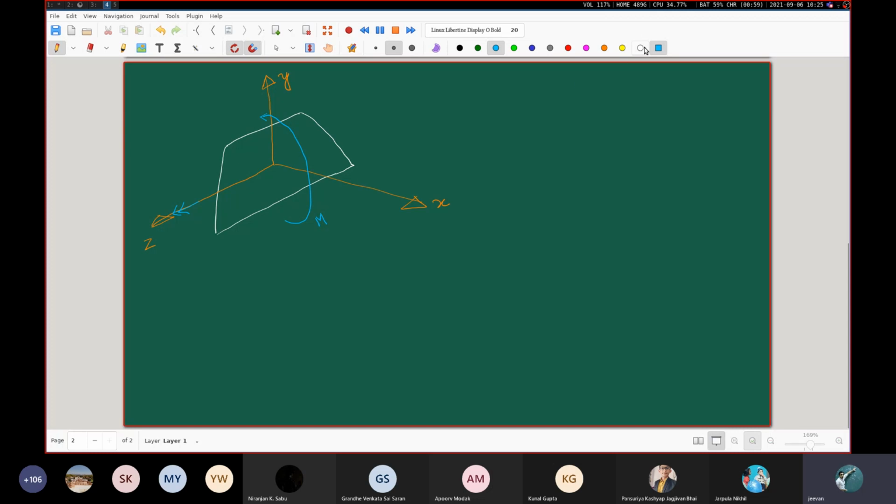Here is the little thing that you have to understand. What we do is we take a little element anywhere along this cross section. This is a very small element of the cross section.